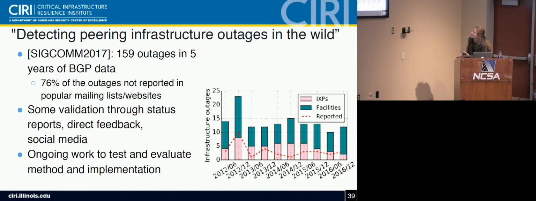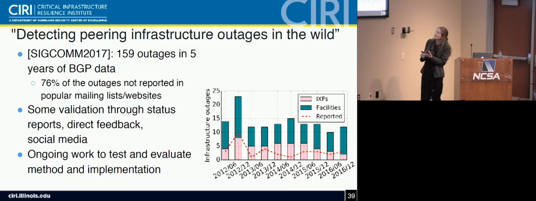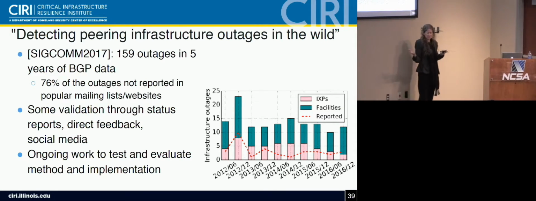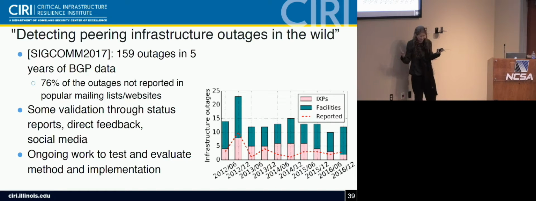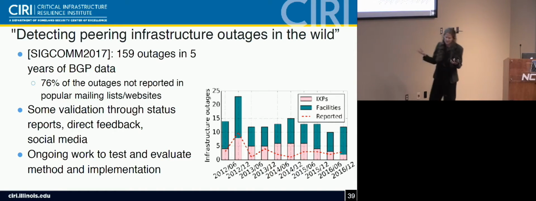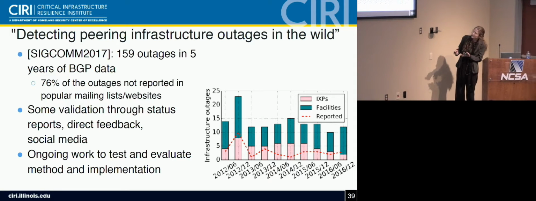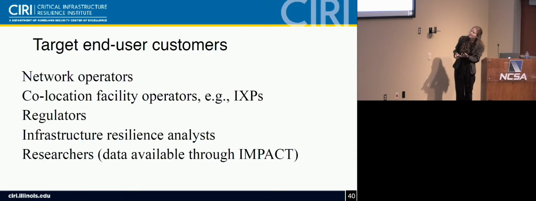So we did this, published in SIGCOMM, presented in August, found about 160 outages, most of which were not publicly reported in the places that we know about where they publicly mention these things, NANOG and some Twitter feeds and such. And so we did some validation of this, but it's really ongoing work to further test and evaluate this method and hopefully operationalize it a bit and try to get other people to use it.